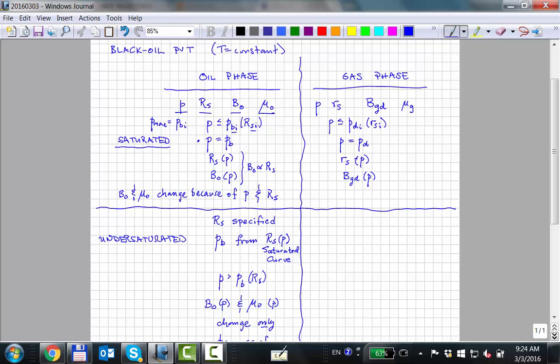But sometimes what you think is the highest bubble point in your system, because fluids are flowing around, ends up not being the highest bubble point in your system.